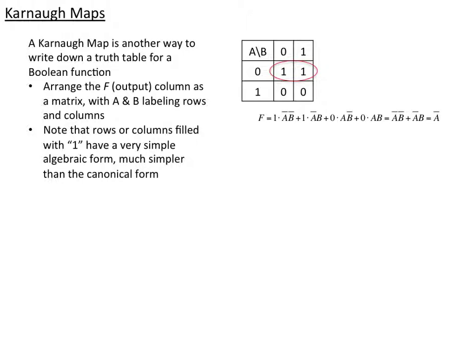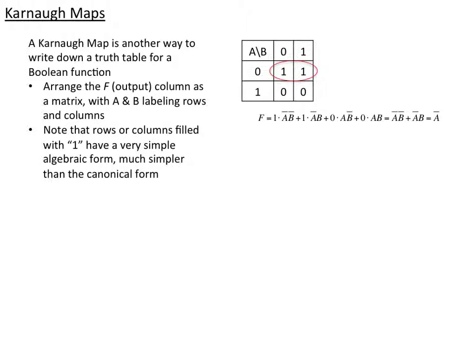But now if I enter the 1 from here, it goes there, the 1 here goes here, this 0 goes here, this 0 goes there, and then I can say, okay, that is not A and not B, or not A and B, but I can factor out the not A part of there.